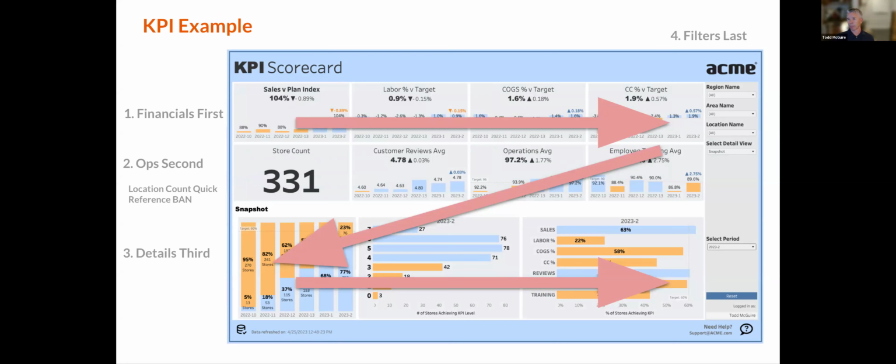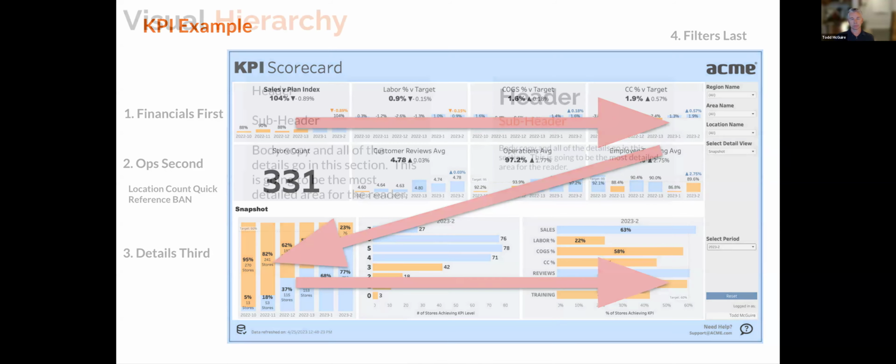So it's trying to let you see it at the top, dig deeper, and understand what are the inputs. And in this example, this select detail view, there are 8 or 9 different detail views that appear based on what that scenario is, of which way you want to go to try to understand what's driving those KPIs.